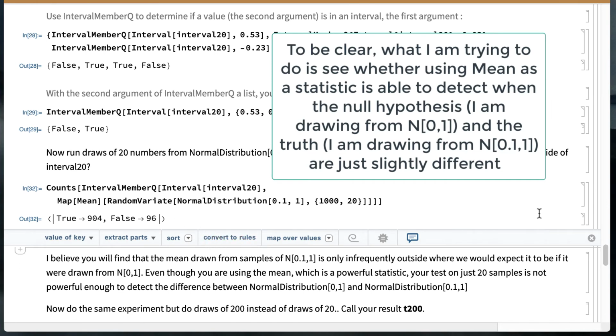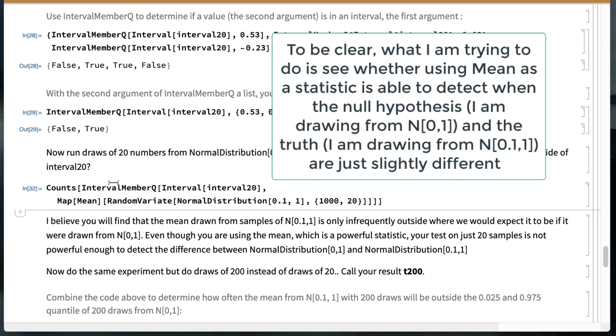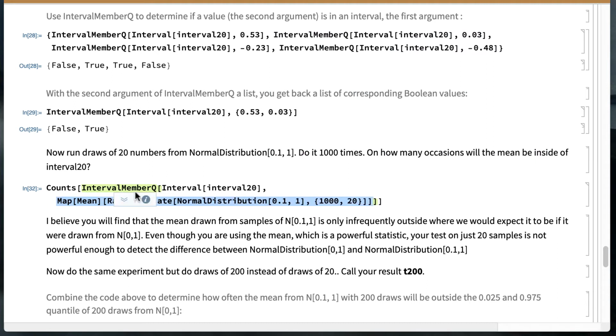Okay, you're kind of seeing the results here. Let's get rid of those results. All right, so what we're doing is running an experiment where we take 20 draws from N(0.1,1). We're doing it 1,000 times, and we're computing the mean. And then we're going to figure out how many times that mean lies inside the interval we computed before, and how many times it lies outside.